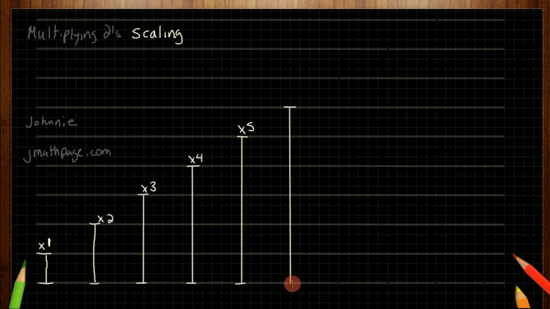Okay. How big is this one? Well, if I'm looking at my pattern, 1, 2, 3, 4, 5, this one has to be 6 times bigger. And the next one? 7 times bigger, right?